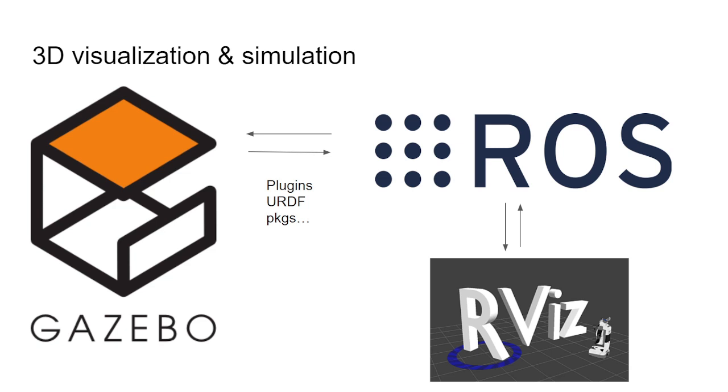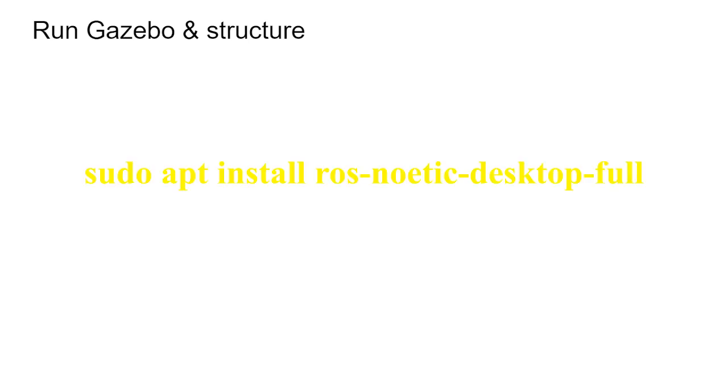Don't worry about this terminology, you will discover these tools and you will learn everything you need to make this connection in the upcoming videos. If you remember, in the setting up section I have suggested to you to install the desktop full version, and make sure to have installed the full desktop version in ROS.